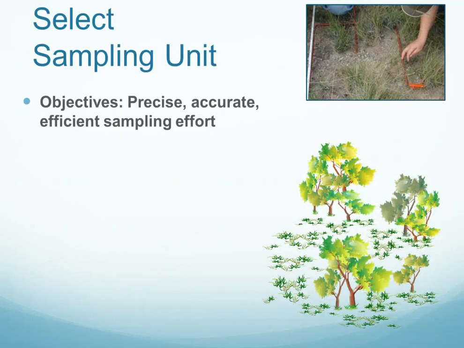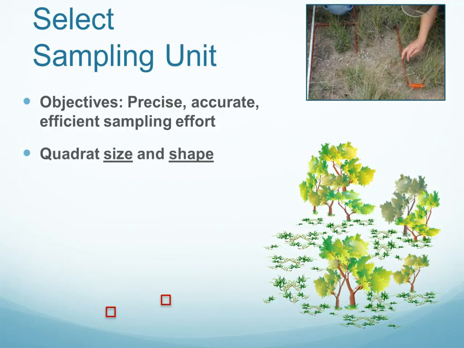For any sampling effort that we do, our objectives are precision, accuracy, and the most efficient sampling effort. And so how do we select the right type of sampling unit? What is the proper size or shape? Well, our desired precision is important.